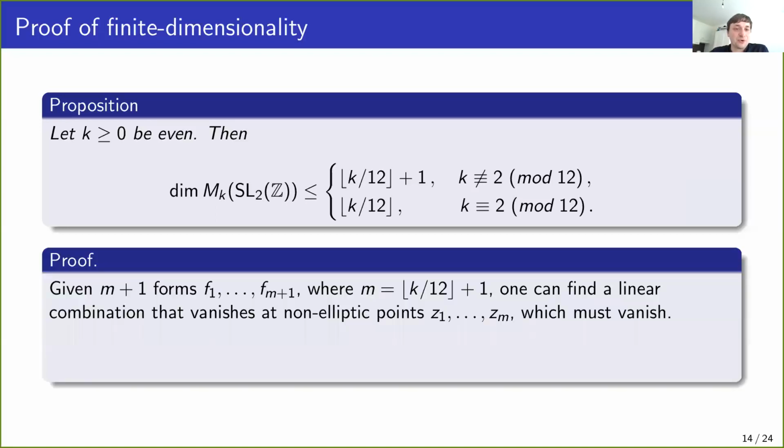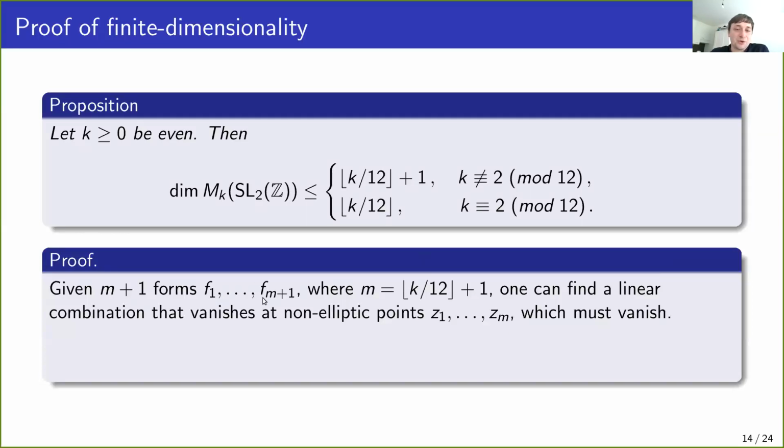But if we do it a bit more carefully, let's say we have m plus 1 modular forms, and m is the same number as in the theorem. Then by linear algebra, you pick some m points in the fundamental domain which are not elliptic. Because you have m plus 1 coefficients, you take linear combinations of the modular forms with coefficients c1 up to cm plus 1. Since you have more coefficients than equations, you have at least one solution.